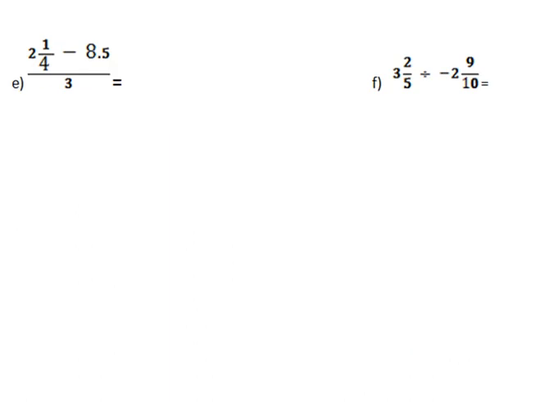Okay, part E, we're starting to get into some multi-step. We have 2 and 1/4 minus 8 and 5/10, all over 3, or all divided by 3. You should change these either both into fractions or both into decimals.